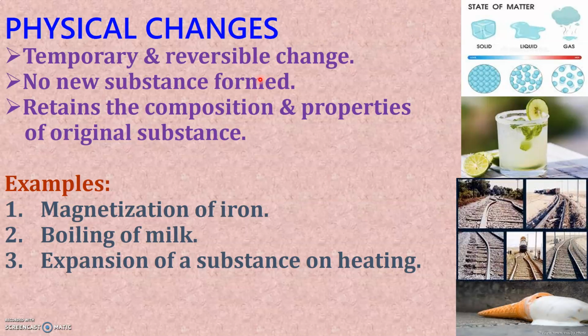And also, we were able to retain the individual properties and composition of the original substance. Therefore, the change is only a physical change, which means it is only in the physical state or in the size or in the appearance. And therefore, we call such changes physical change.